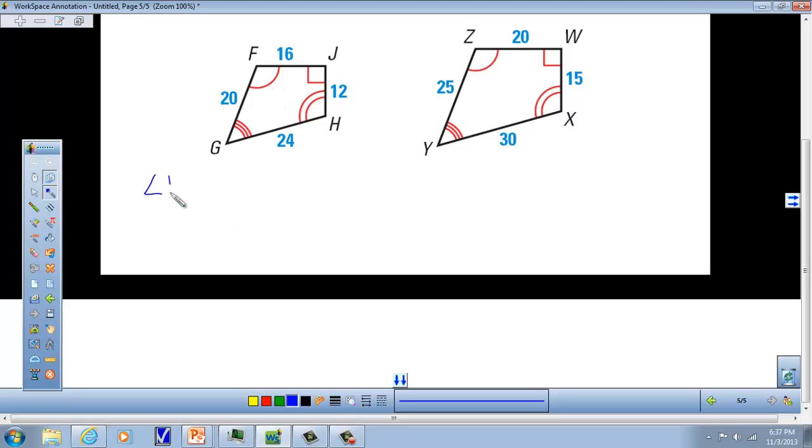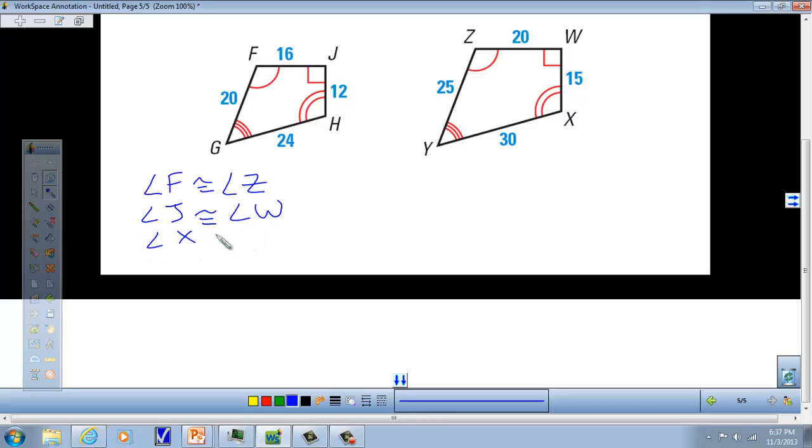So in this case, we can tell by the markings that angle F is congruent to angle Z. Angle J is congruent to angle W. Angle H is congruent to angle X. And finally, angle G is congruent to angle Y. So we've done that much just by the markings.